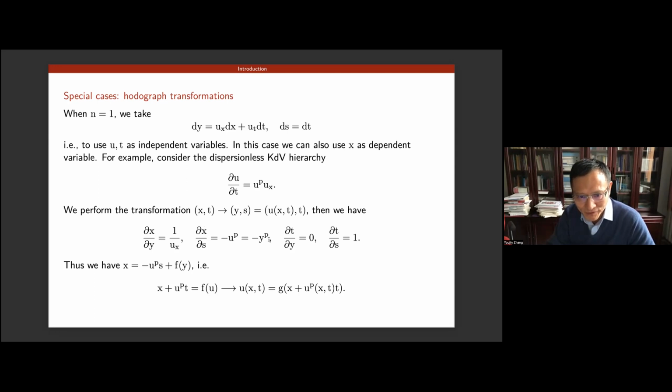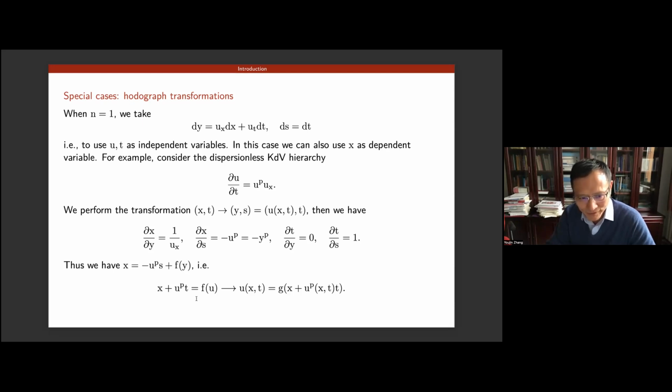From this equation we can solve, because the right hand side does not depend on the time variable s, so we can solve it by simply integrating to get the solution of this equation. This means we can represent the original spatial variable x in terms of the unknown function u, and add an arbitrary function of y.